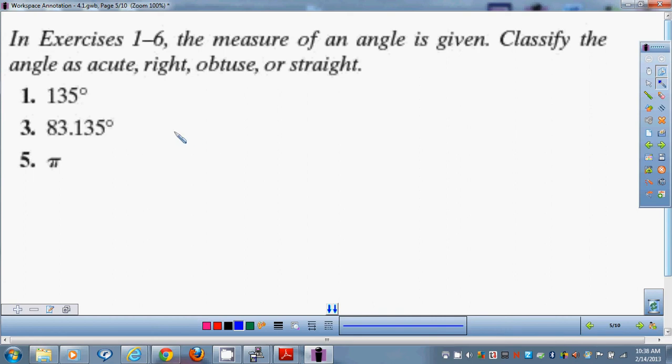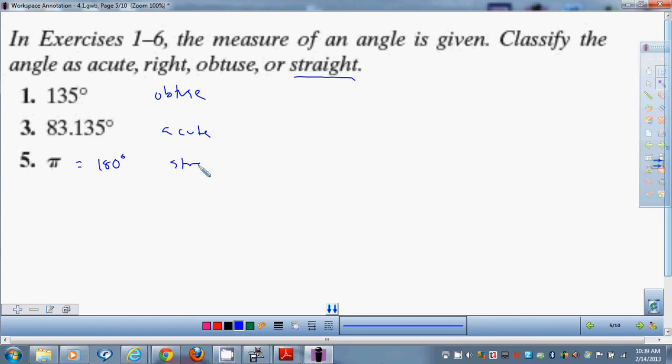Ooh, easy. That's right, which is a what angle? Yes, it's a straight angle. Very good. If they give you a radian, just convert it to degrees. You should get this one as 180 degrees, which is a straight angle. Acute is less than 90, obtuse is greater than 90, right is 90, and straight is 180.